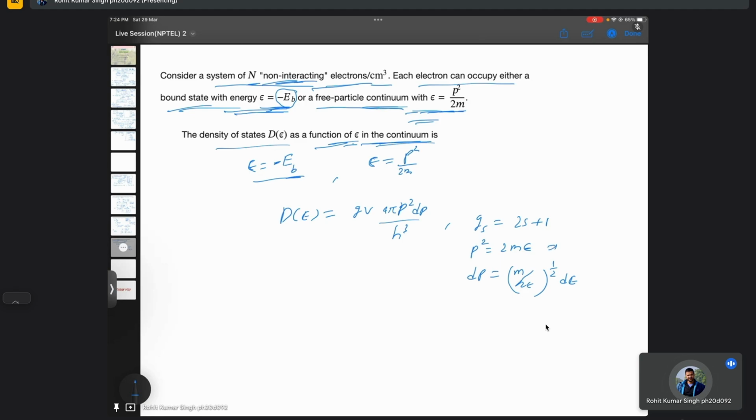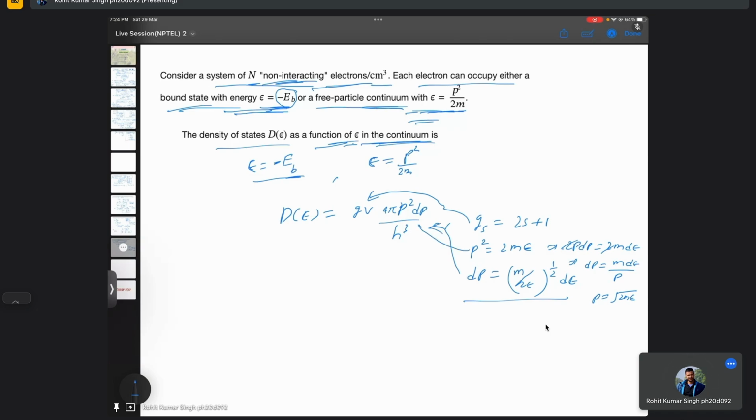What I did is just differentiate both sides, so you get 2p dp is equal to 2m dE, the 2 cancels, so dp is equal to m dE divided by p, and p is just the square root of 2mE. So finally you get this, and you plug in the dp and p square.